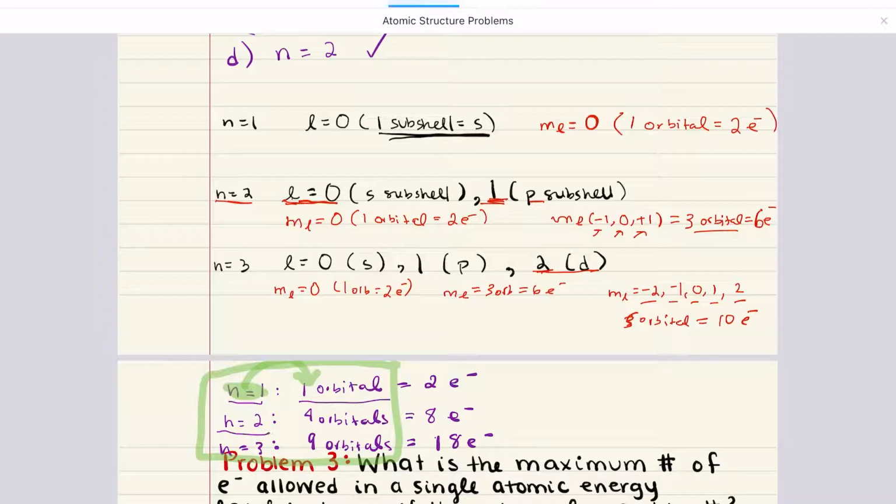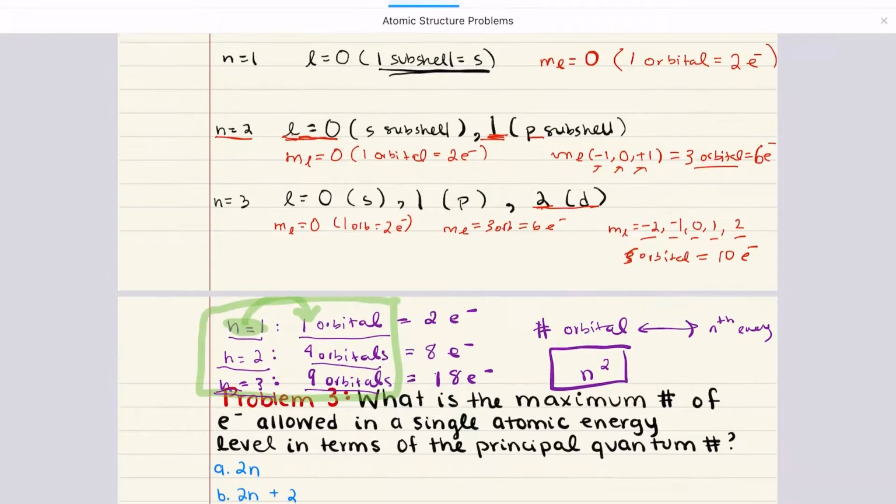For n equals 2, we have 4 orbitals; 2 squared is equal to 4. For n equals 3, we have 9 orbitals; 3 squared is 9. So our relationship between the number of orbitals and the nth energy level is just n squared. But that's not what this problem is asking.